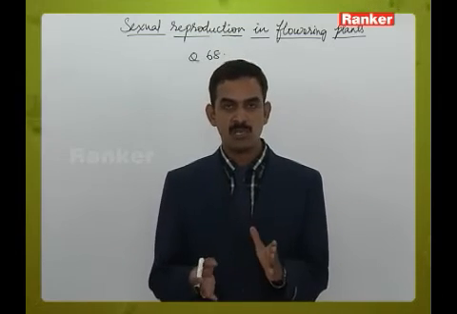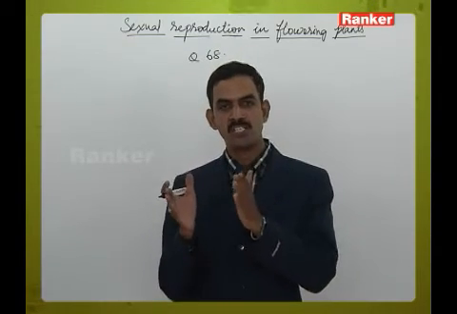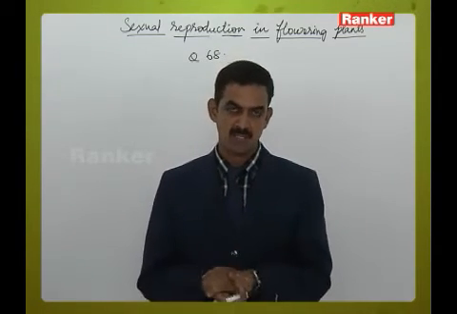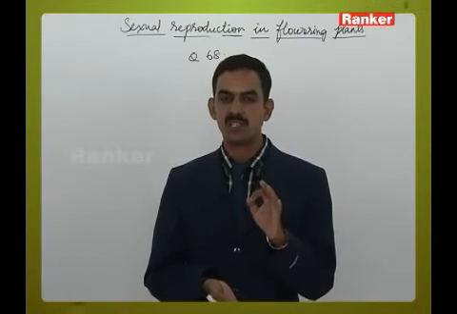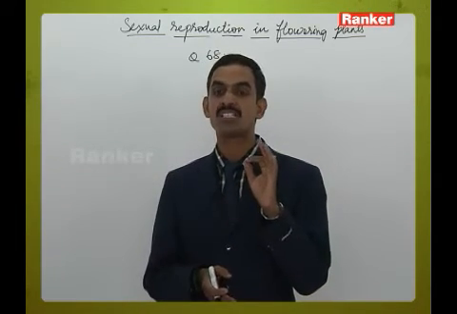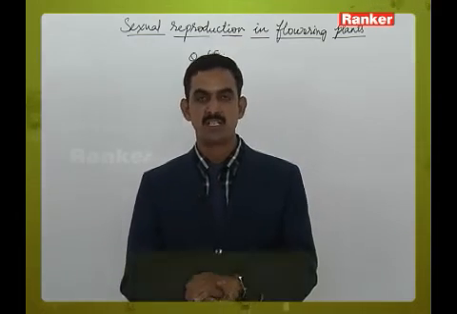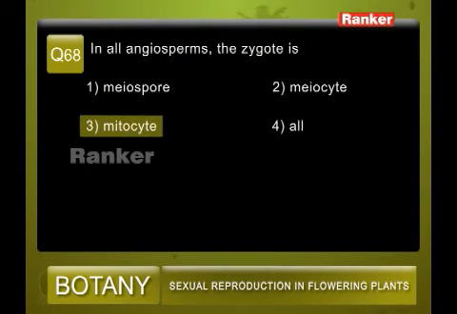And in angiosperms, the zygote will undergo division called as mitotic division. Any cell which is undergoing mitosis is called as mitocyte. So in the given options, mitocyte is the correct one. Question number 68, correct answer is 3.